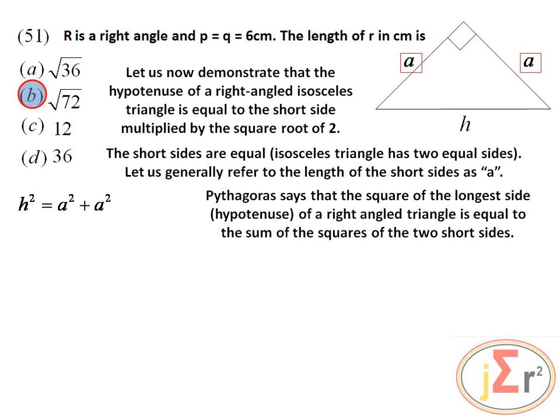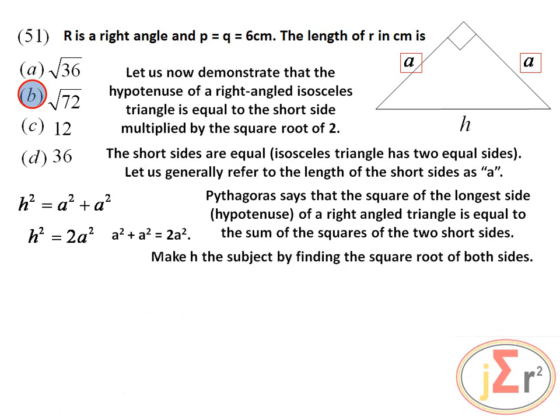The 2 short sides are a. And the hypotenuse squared is equal to a squared plus a squared. What is a squared plus a squared? A squared and a squared, we have like terms. We are combining those like terms. And what do we get? 2a squared. So a squared plus a squared is equal to 2a squared.